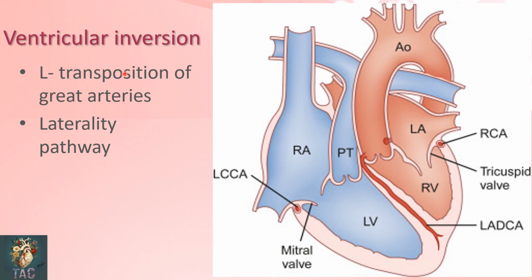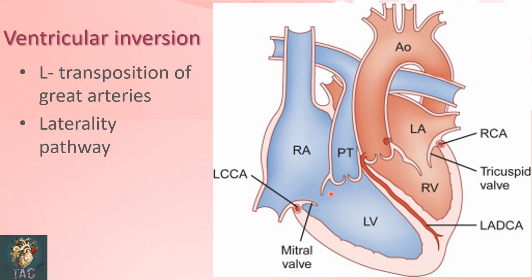Next anomaly is ventricular inversion. In this ventricular inversion, you can see the morphologically left ventricle is present on the right side, and it is connected to the right atrium by the mitral valve, and the morphologically right ventricle is present on the left side and is attached to the left atrium by the tricuspid valve. In other words, there is L-transposition of the great arteries. Basically the reason is that when the laterality sequence is being generated, and both right and left sided nets of the heart are forming, the defect is over there.